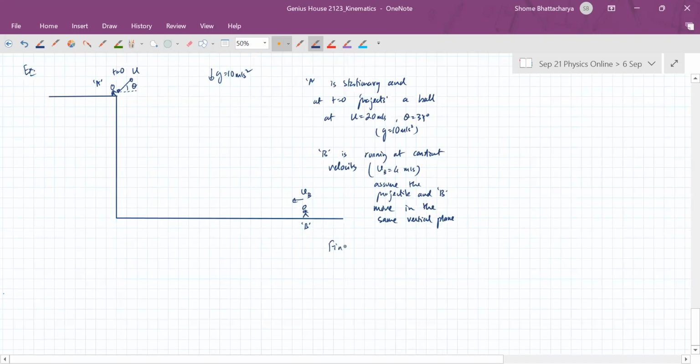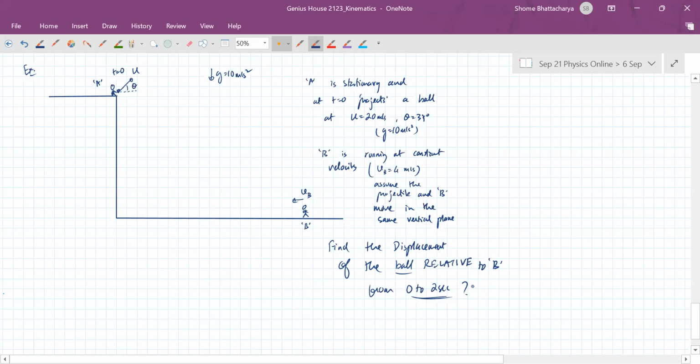Find the displacement of the ball relative to B from 0 to 2 seconds.